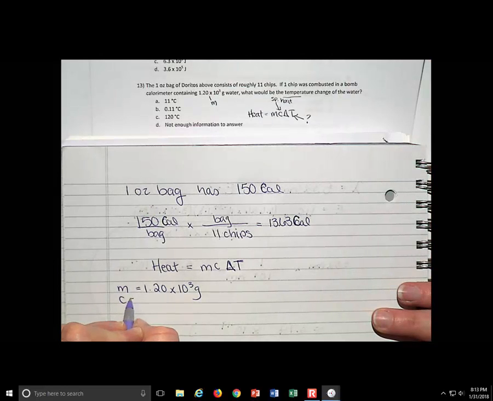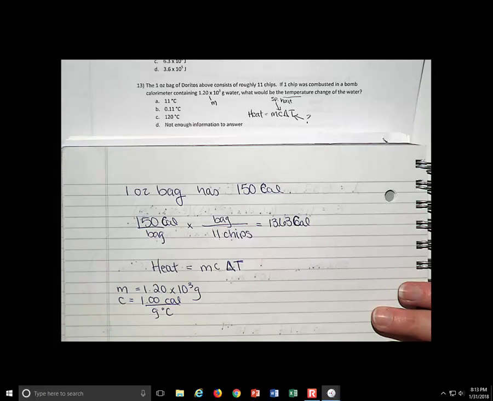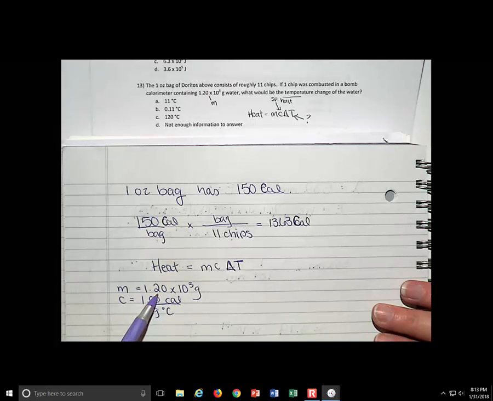We know that the specific heat is 1.00 calories per gram degree Celsius. And I've written it like this just so that it's easy for me to see where the units are. So what units are in the numerator and what units are in the denominator. Again, because there was too many times when I was an undergrad where my units saved me in solving a problem.